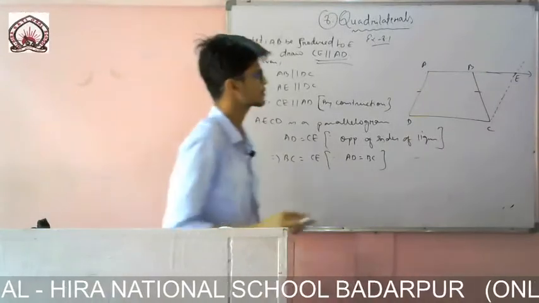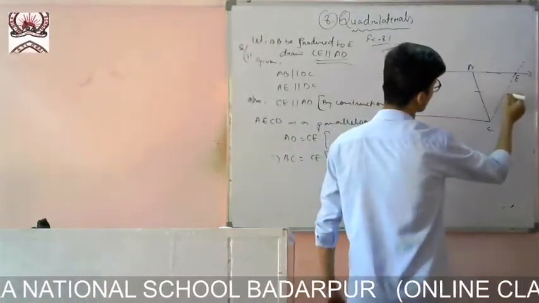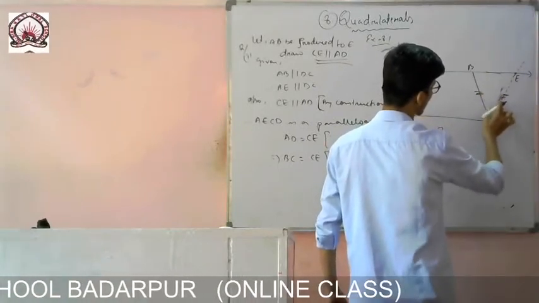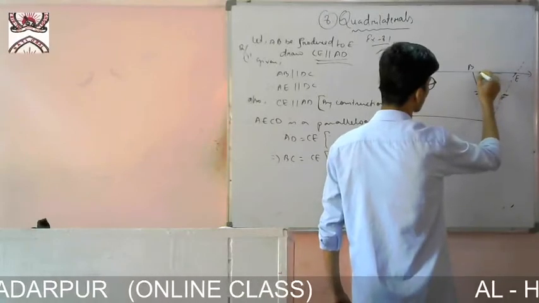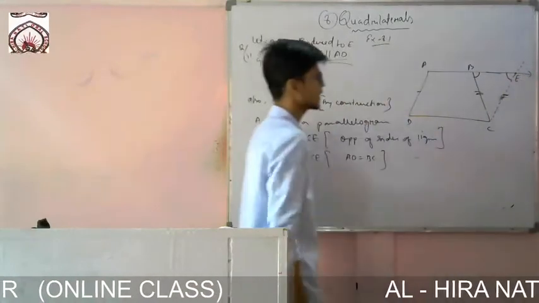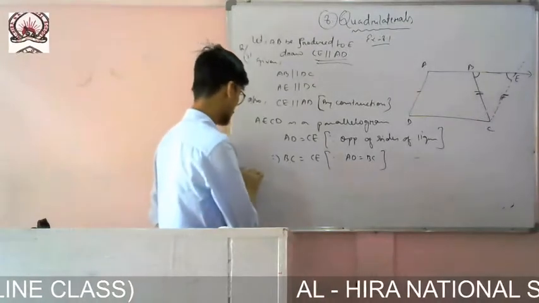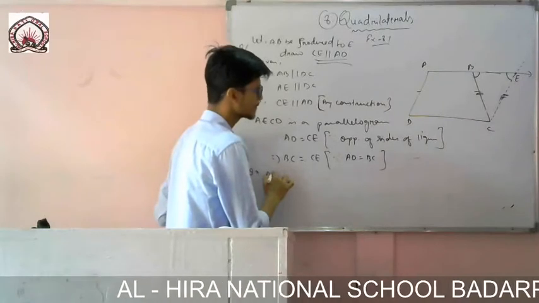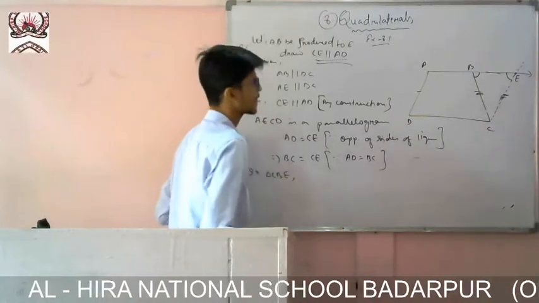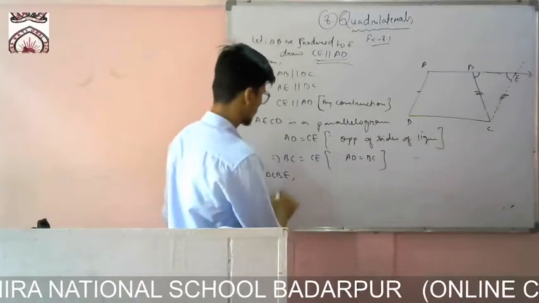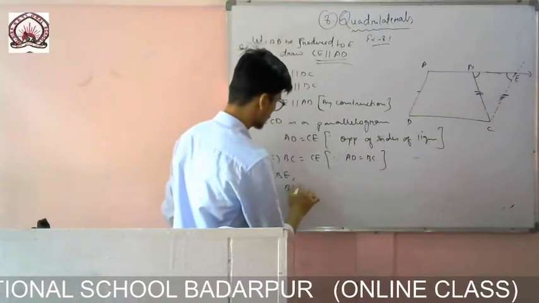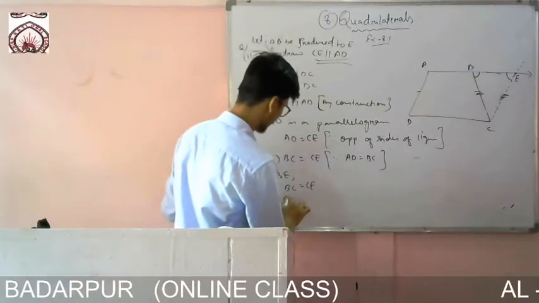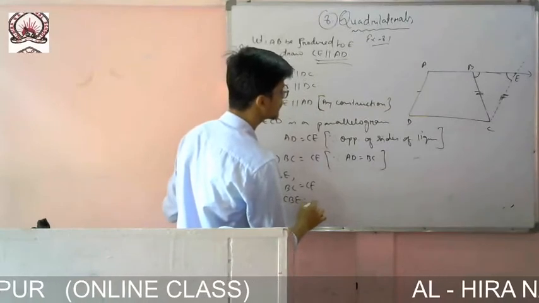If BC is equal to CE, then this triangle is an isosceles triangle, and in an isosceles triangle if two sides are equal, then the base angles are also equal. Therefore in triangle CBE, since BC is equal to CE, angle CBE equals angle BEC.